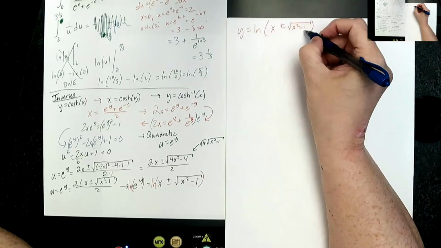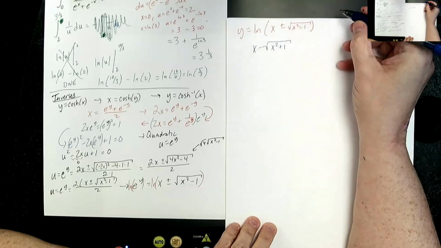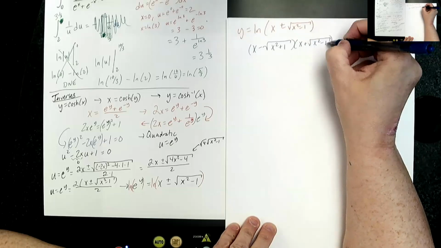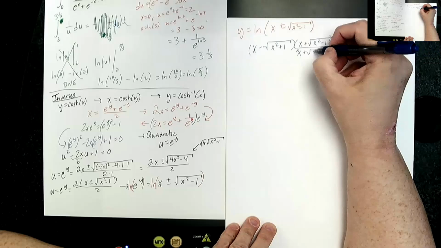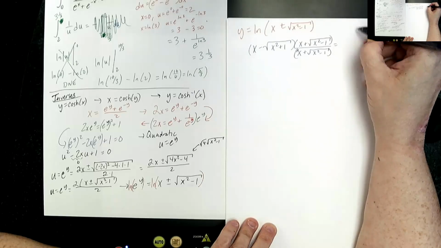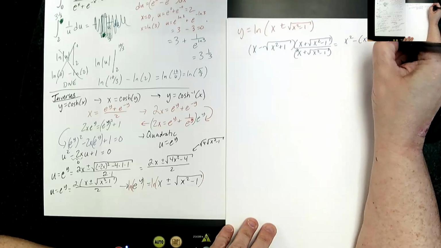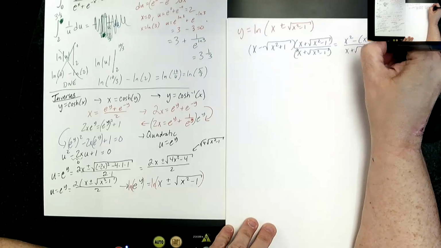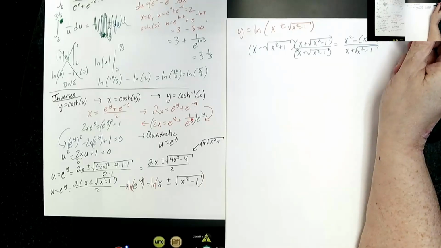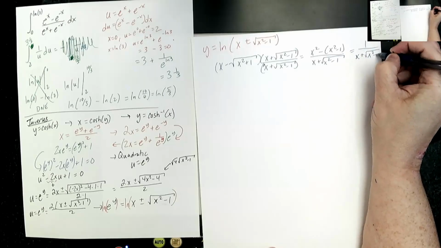If I look at the x minus square root of x squared minus 1, if I have this and I multiply by the conjugate, I get x squared minus x squared minus 1, which is just 1 over x plus square root of x squared minus 1.